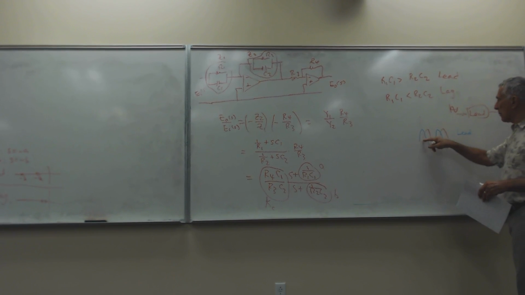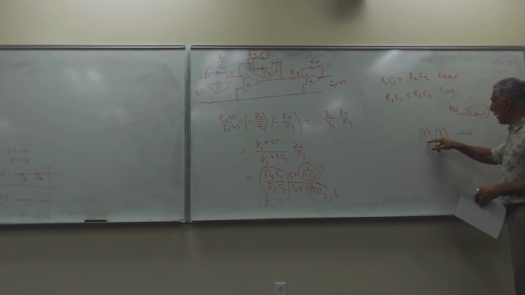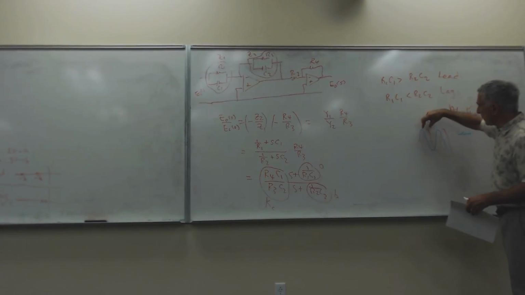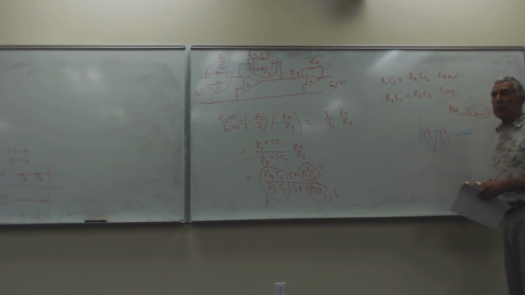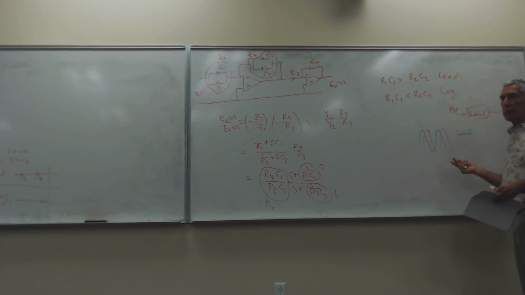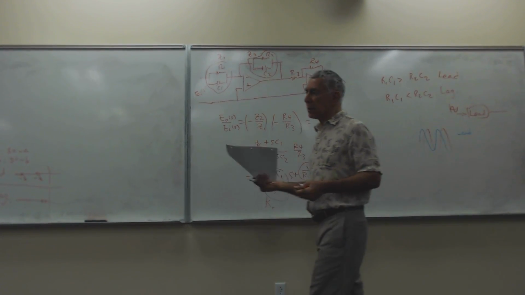You have the sinusoidal input, and the output will lag the input. In other words, look at the time at which they achieve their maximum. This one is advanced in time for the lead compensator. It's delayed in time for the lag compensator.